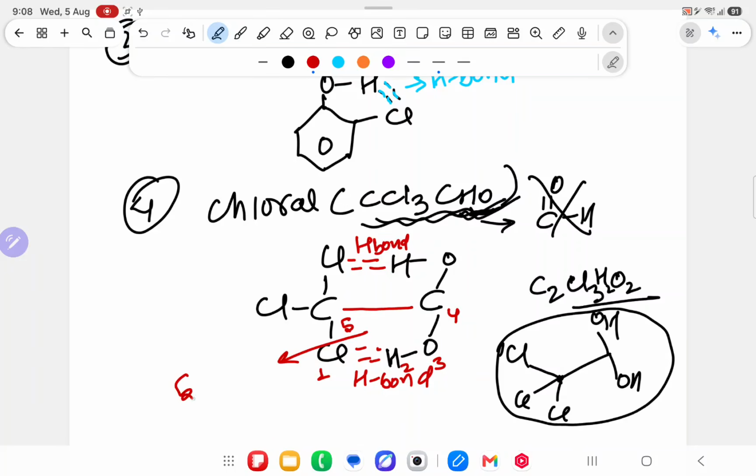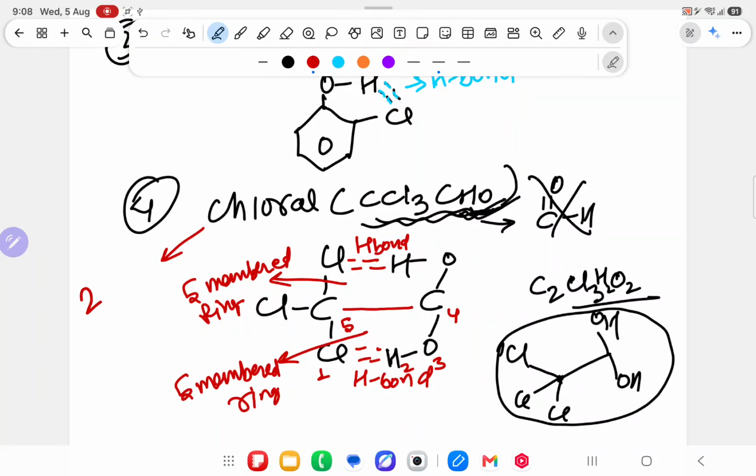This is forming a 5 membered ring. And this is also forming a 5 membered ring. It means chloral has two 5 membered rings.